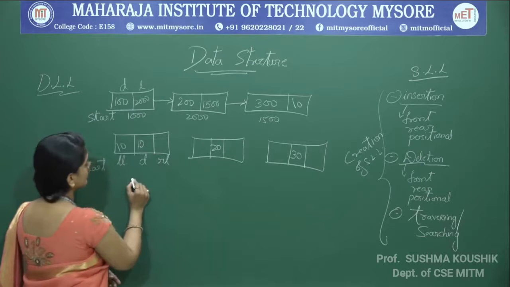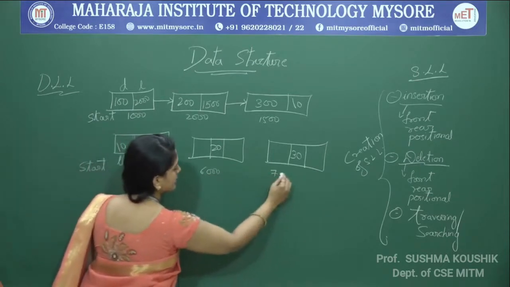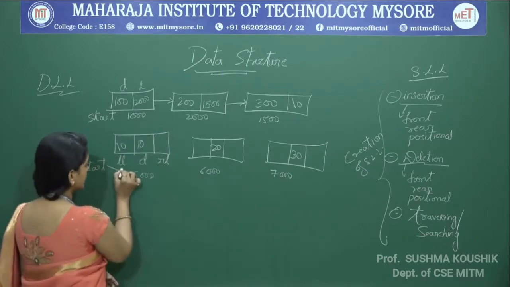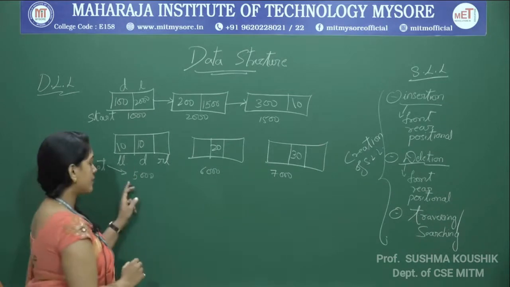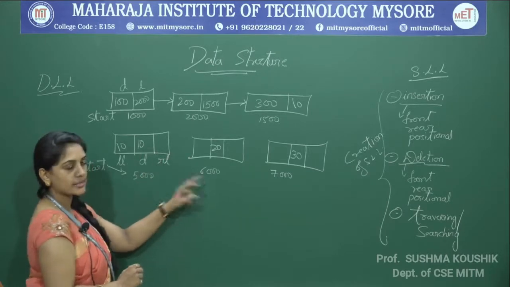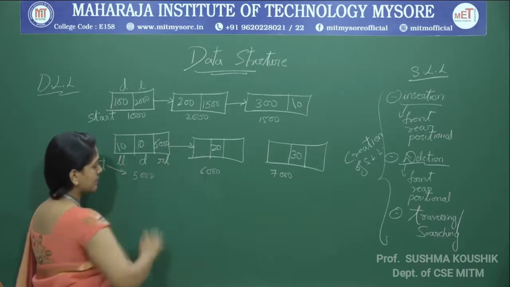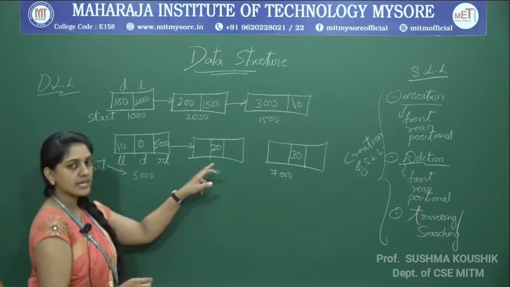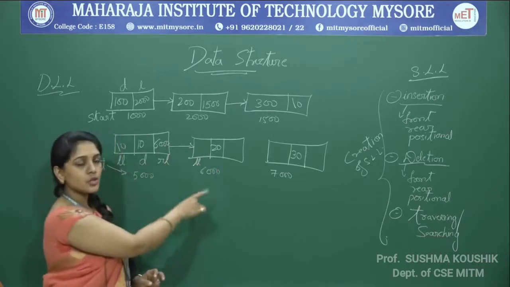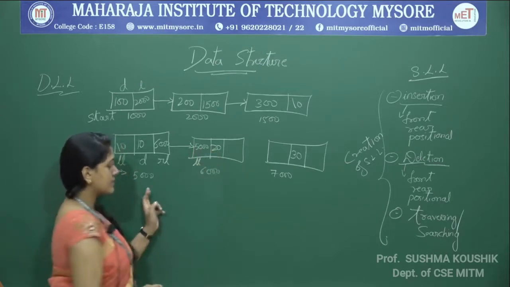If the addresses of these nodes are 5000, 6000 and 7000, start is pointing to the first node and the first node's RL will be the next node address, that is 6000. So here one link is established, and now the second node's left link LL will have the previous node address, that is 5000.